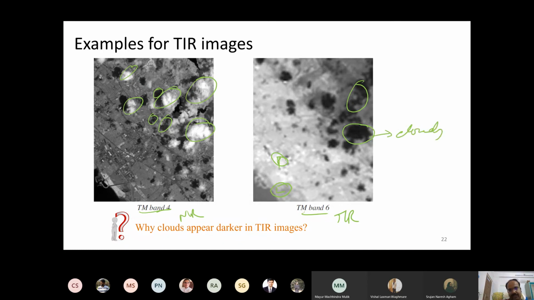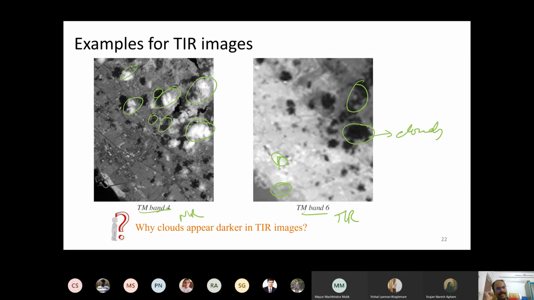In the temperature image, any guess why clouds appear darker in thermal infrared images? Please think and tell, whatever you think, it's fine. Brighter means high temperature, darker means lower temperature. That is the normal way a thermal infrared image is acquired.